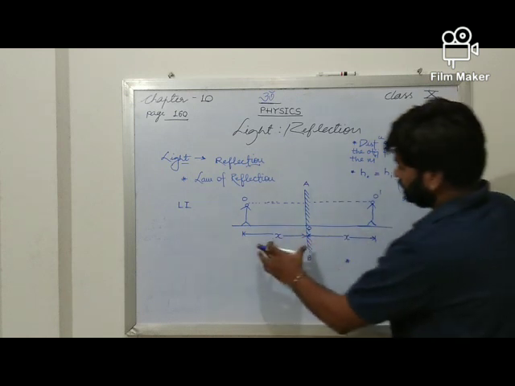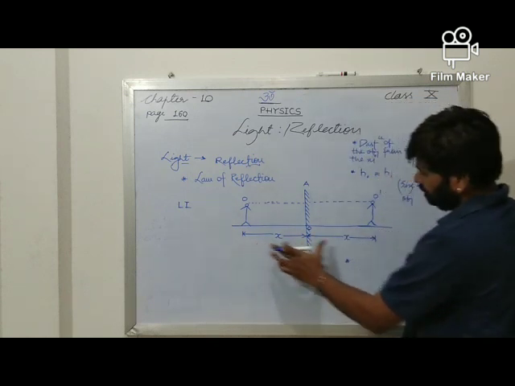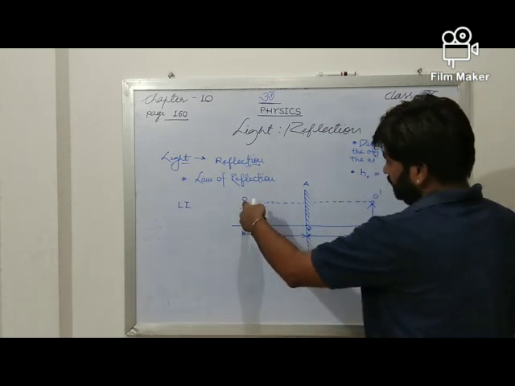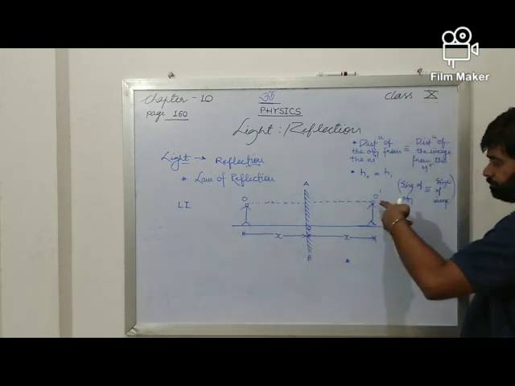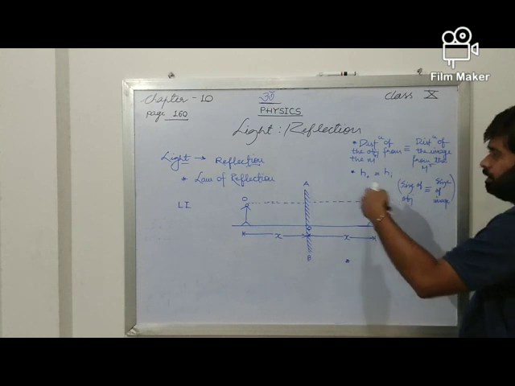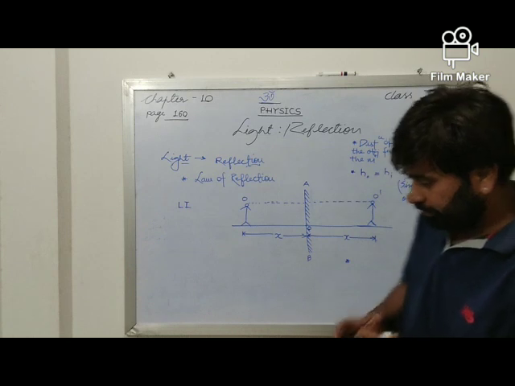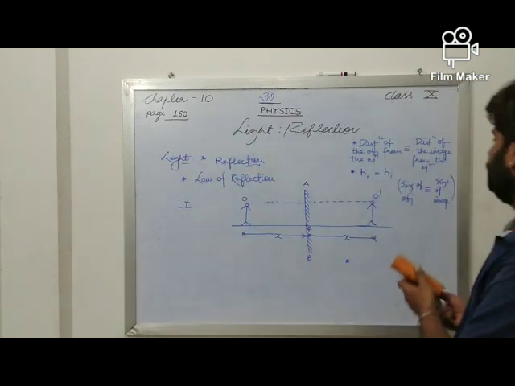So the first thing was the distance of the object will be equal to the distance of the image from the mirror. The height of the object will be equal to the height of the image. Is it okay? Very simple.